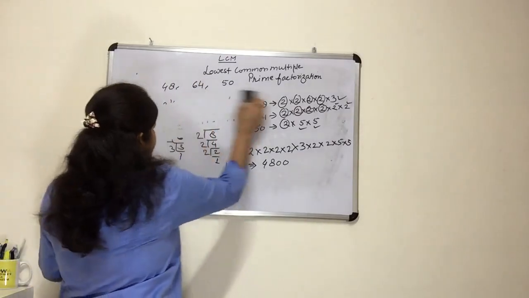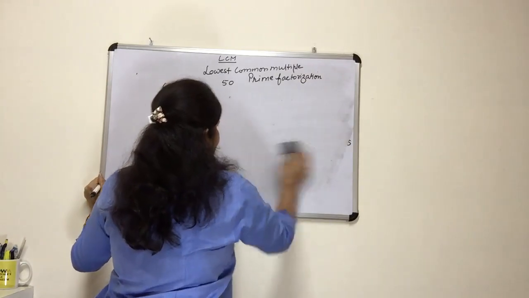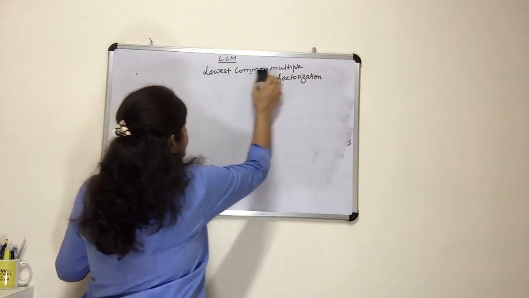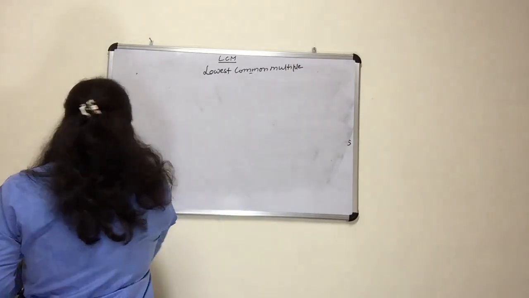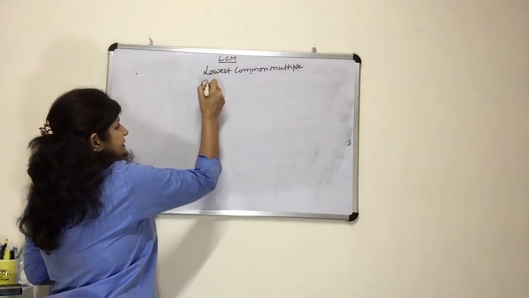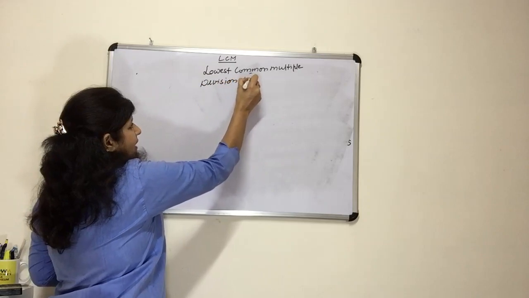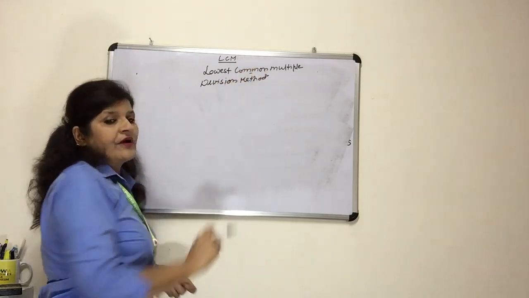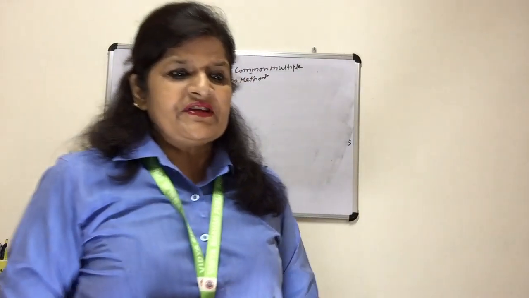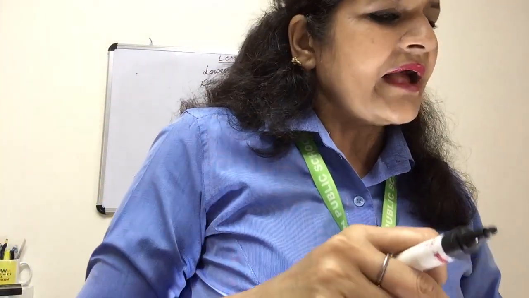Now the second method, as we have done, is the division method. To understand the division method, we will take an example and make it clear how we will do the LCM by the division method.